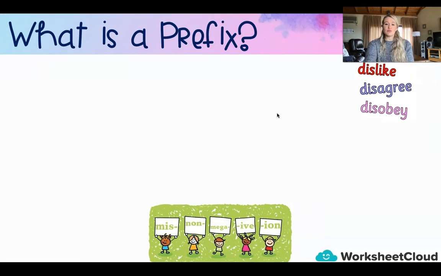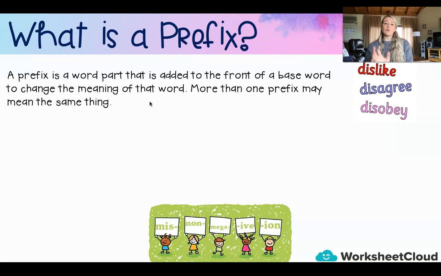Right, moving on to a prefix. Now, as the name suggests, if we talk about anything pre, we talk about before. So if we talk about prehistoric, we talk about prehistoric times. It is times that happened before history. And so a prefix is a word part that is added to the front of a base word or your root word to change the meaning of that word.